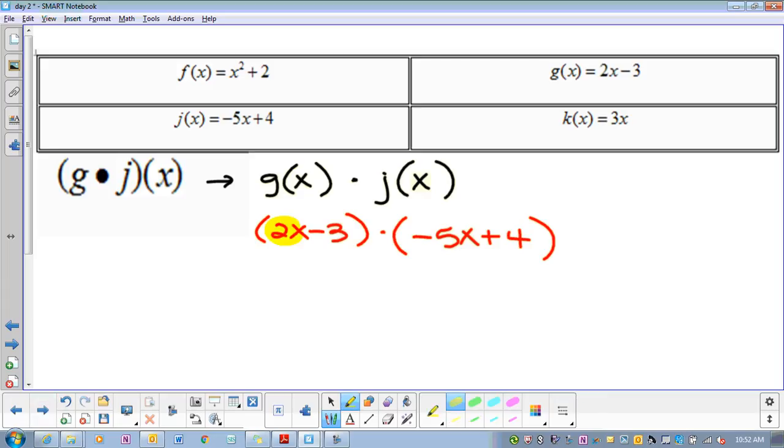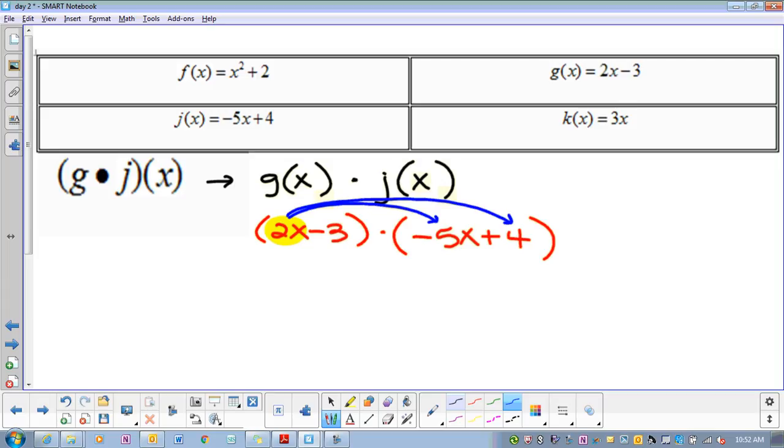Basically, you're going to start with one of the terms, like that first one, and you're going to distribute this 2x to everyone in the other parentheses. Just take it one thing at a time. What is 2x times negative 5x?